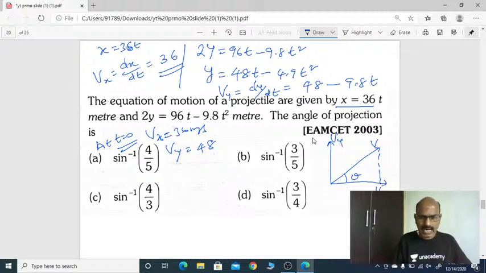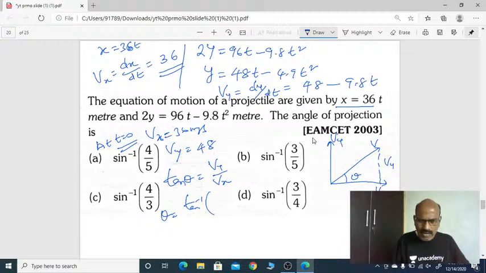Now, what is the angle of projection? Take it as tan theta equal, this is Vy, right? So, Vy by Vx, that's all. So, theta equal to tan inverse of Vy by Vx, 48 by 36, right? 4 12s, 3 12s.